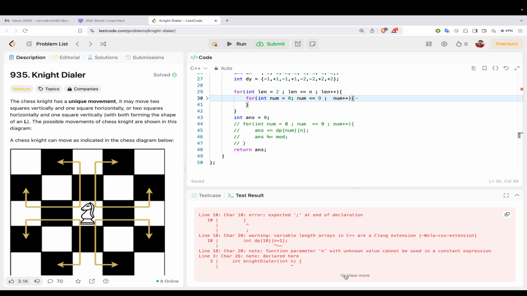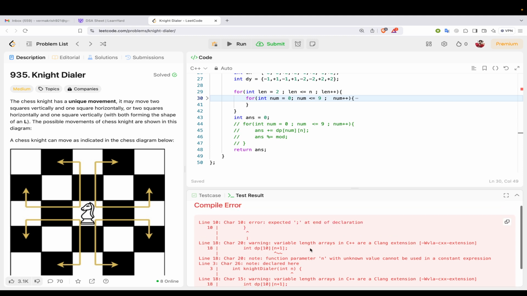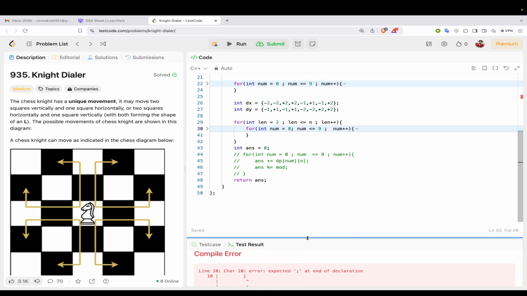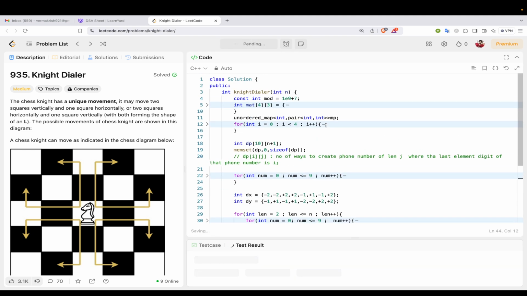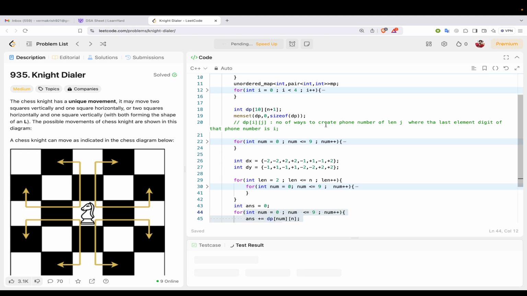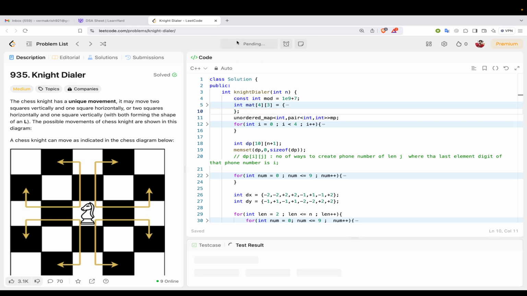Anything wrong? 10. End of the declaration. Return answer. Oh, we missed this.